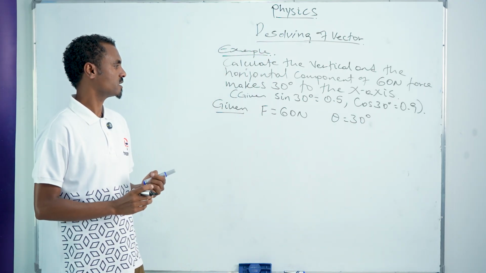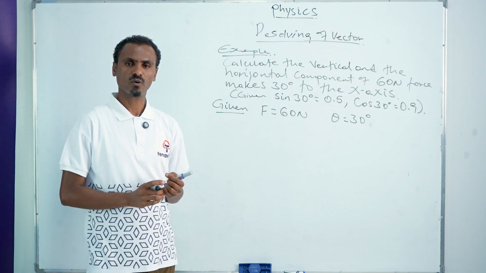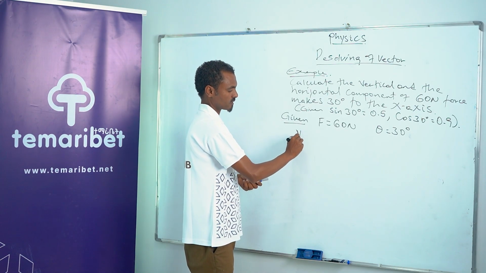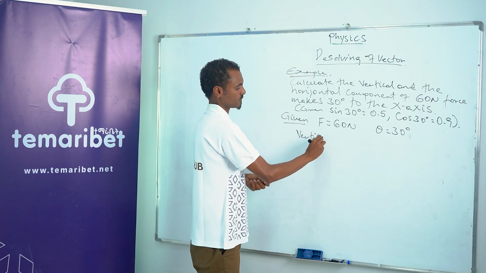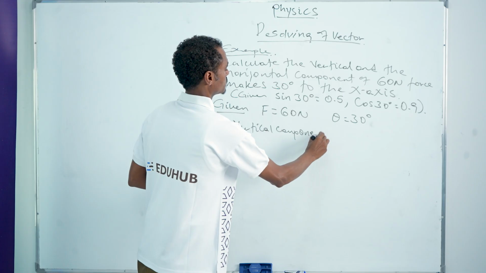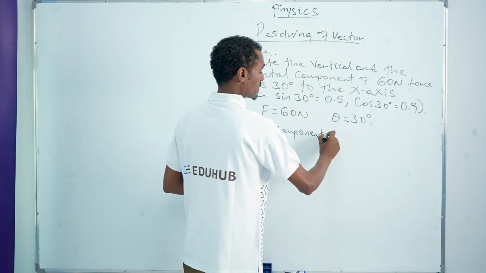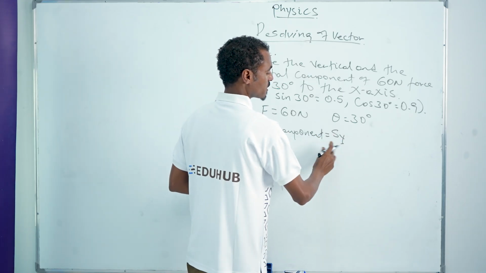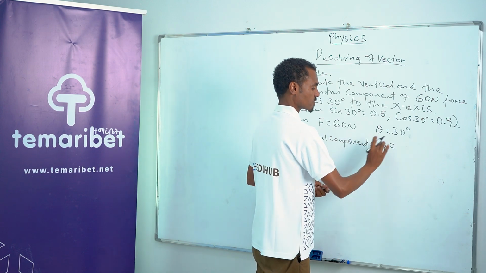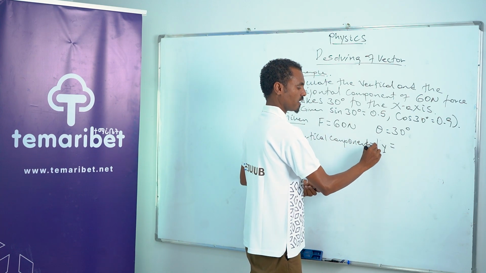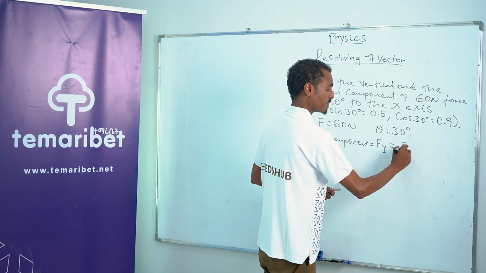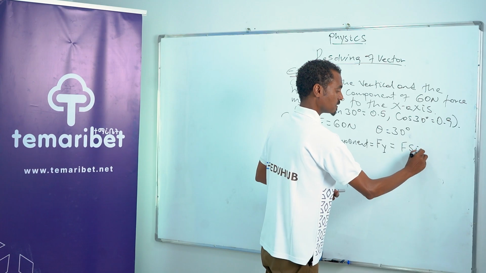How can we calculate the vertical and the horizontal component? The vertical component, or F subscript y for the y-axis, is equal to our force F times sine theta.